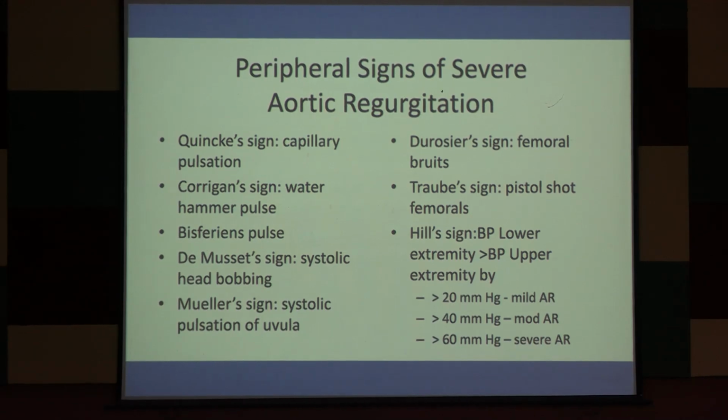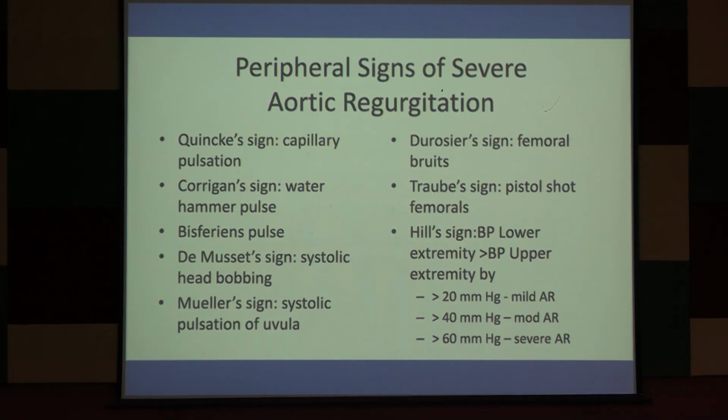Carotid pulsus bisferiens: in case of severe aortic regurgitation or aortic regurgitation plus aortic stenosis, there is pulsus bisferiens. That means two narrowly separated systolic peaks at the carotids.